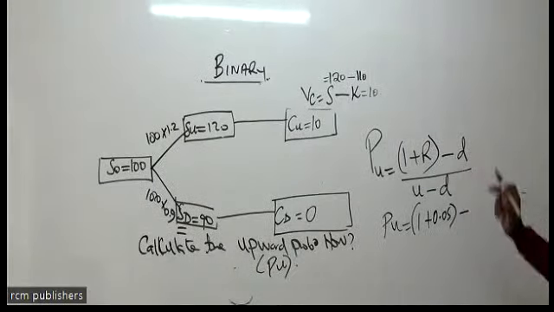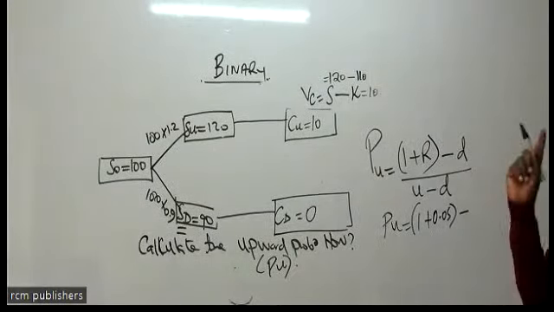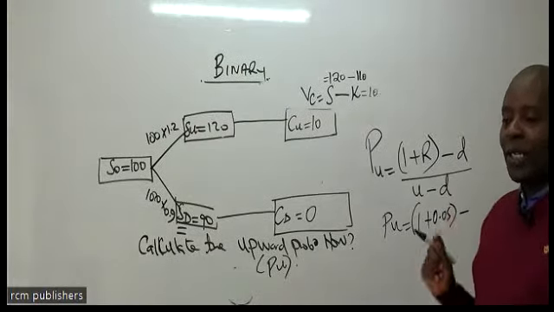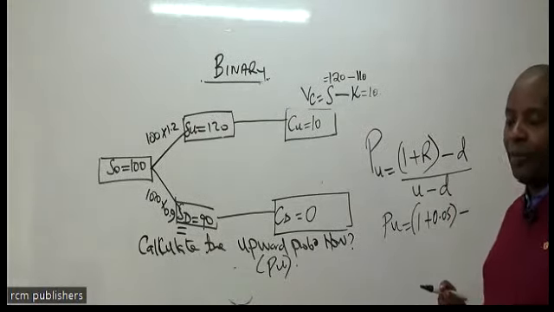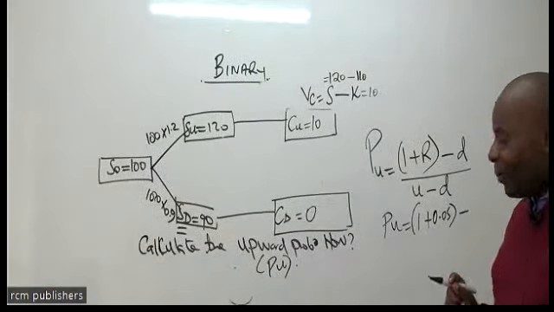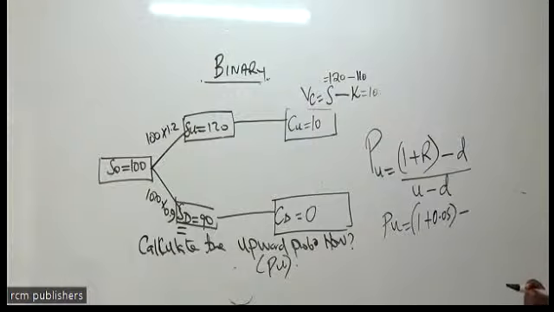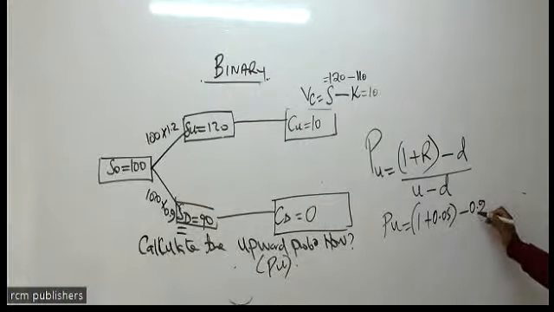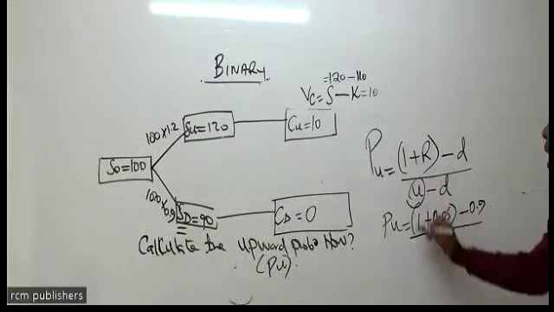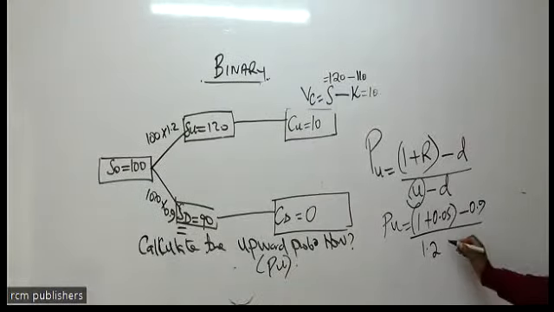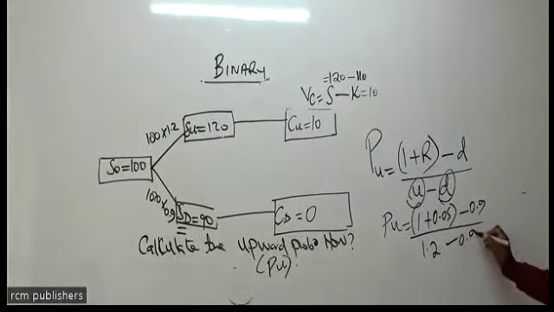Minus the down index. Is there somebody who can remember the down index? What was the down index? Down index 1.2. Are you sure? Down cannot be more than 100%, Naomi. So in this case here, down is 0.9. All over the up which is 1.2 minus the down which is 0.9.